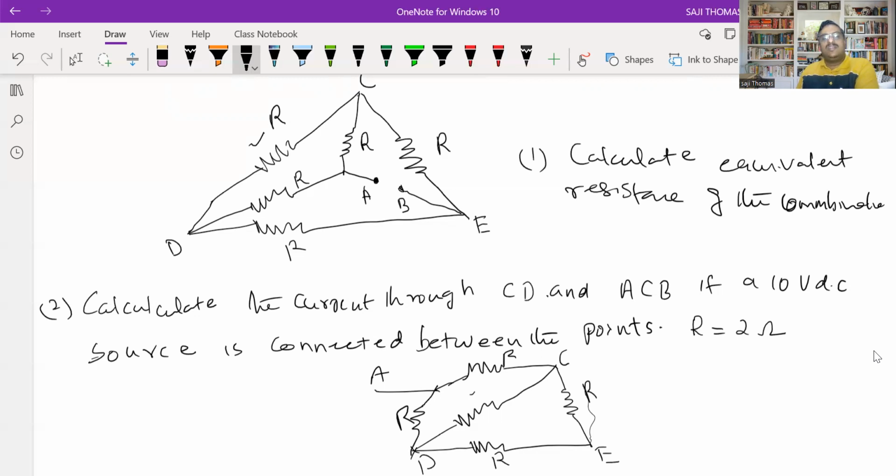How many resistors? 1, 2, 3, 4, 5. The middle one is instead of the galvanometer. I'm naming it as in the Wheatstone bridge diagram.